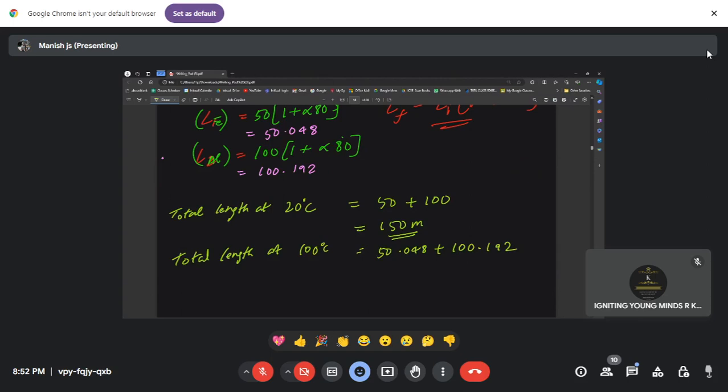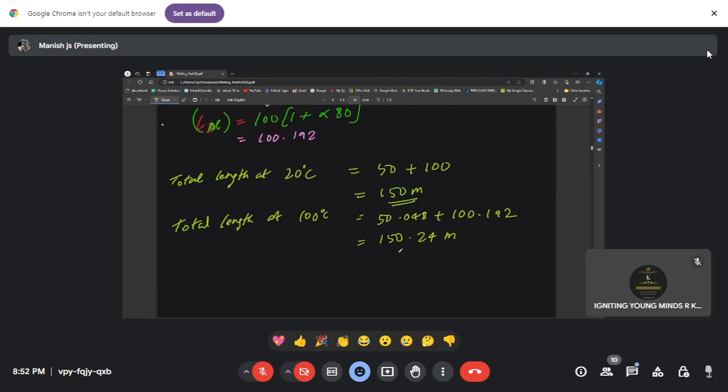So you need to add both of them. How much is that? Add these values, so you will be getting 150.24. So I'm substituting here: 150.24 meters is the total length at 100 degrees Celsius.